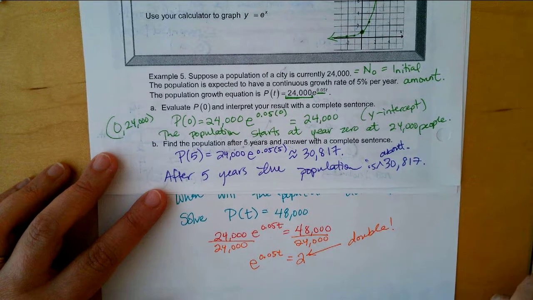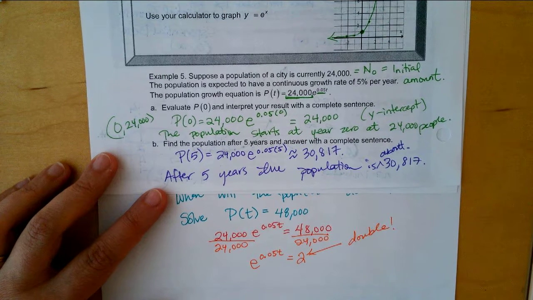Okay, I'm giving you some hints because this is kind of the wording they use on Connect Math. If they don't even tell you what the initial population is, but they want to know when it doubles, you could set your exponential equation to 2, even if you didn't know what N sub 0 was. But now we know inverse operations: addition, subtraction, multiplication and division, squaring and square roots.